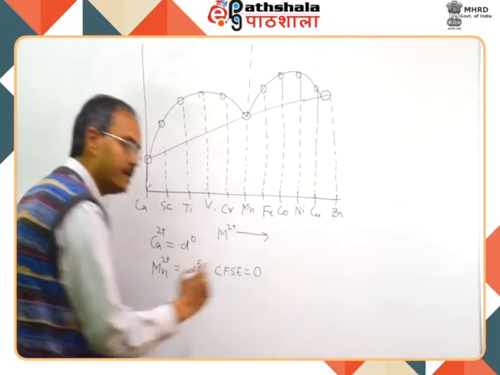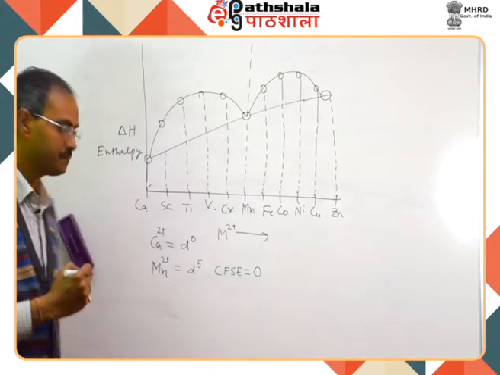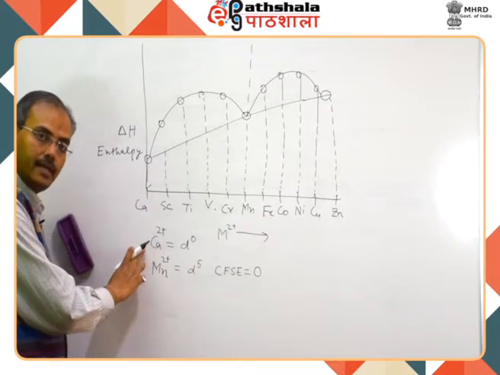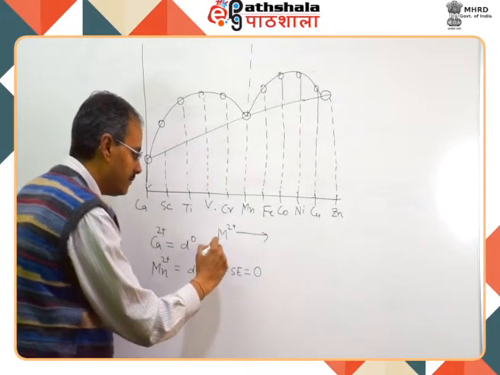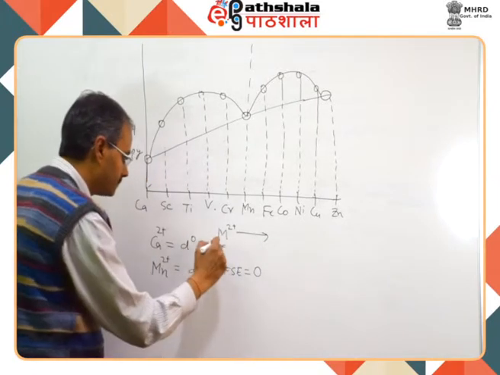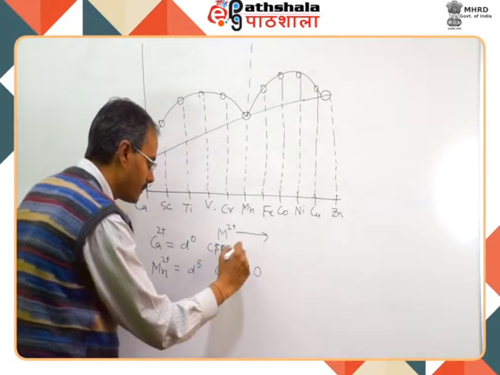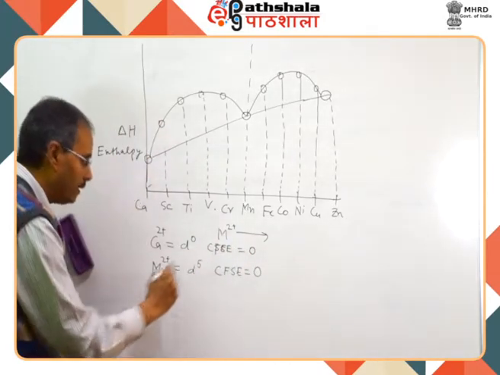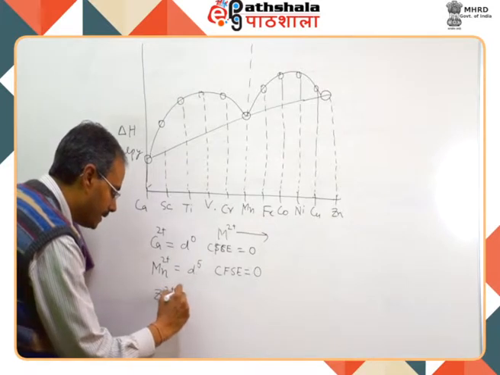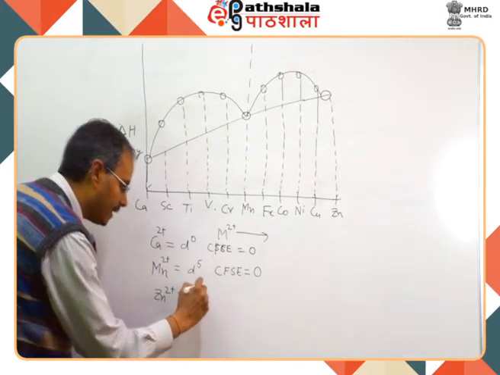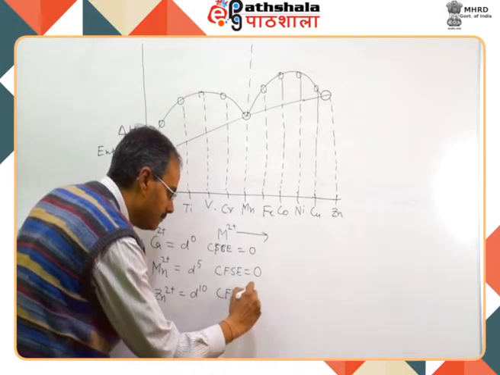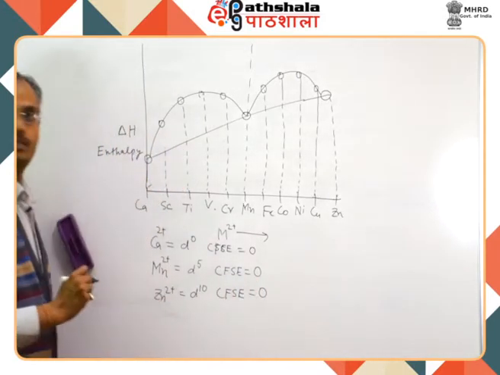We have just calculated, it is 0. What is going to be the crystal field stabilization energy for the calcium 2+ ion? The CFSE is again going to be 0. The last one is zinc 2+ ion, which is a d10 metal ion. The crystal field stabilization energy for this ion is again 0.